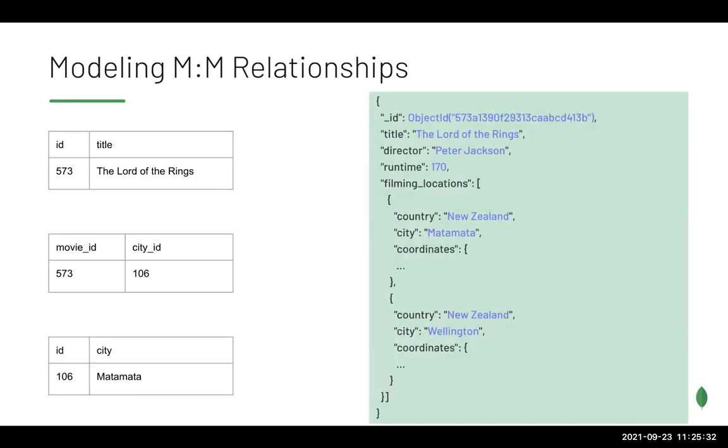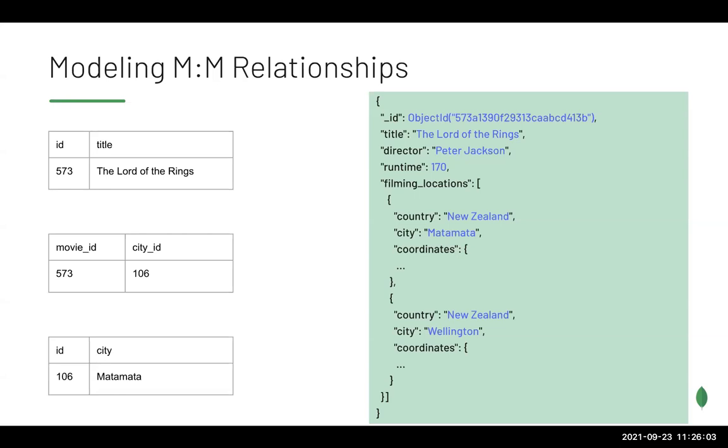And that is, again, to embed the data about the filming locations in the movie collection itself, because that is typically something that you may want to have when accessing the movie data. But if your application, for example, only has reviews of movies, then having the filming locations might not make sense because you don't want to get that data every time or have a really big document if you are very rarely ever going to use them.